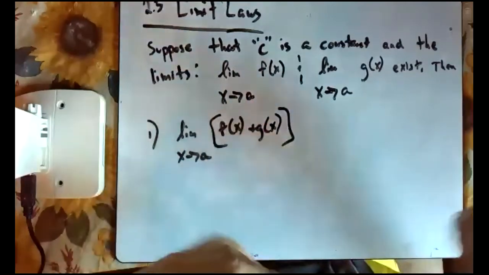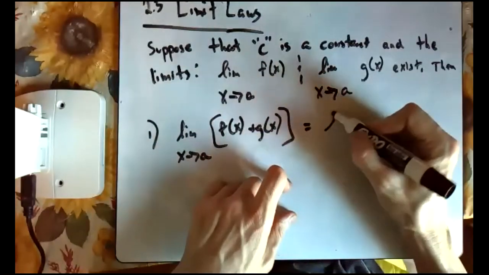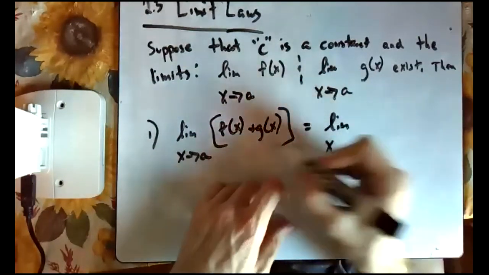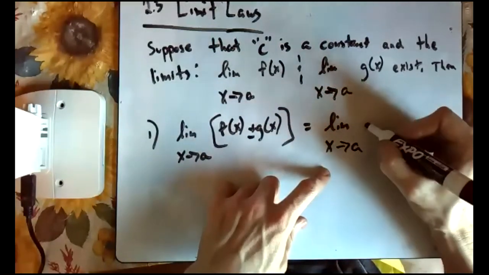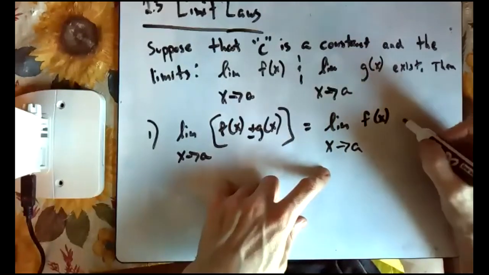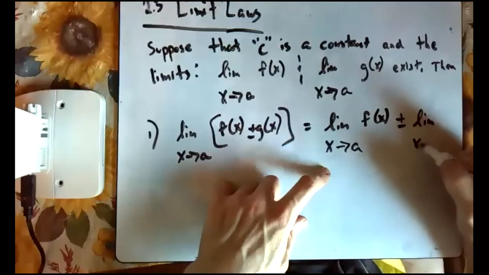So say we're adding up two different functions, right? Since they both exist, what we can do is just break it up and analyze, I'll say plus or minus, and we can analyze each one individually, kind of like the distributive property.